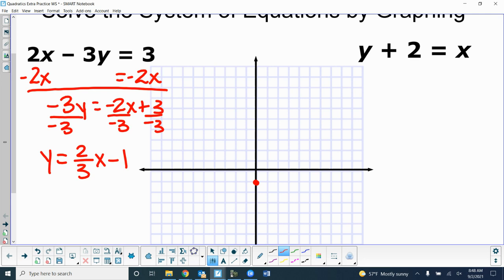So Mason, how far do I rise and how far do I run? You go up 2 and over 3. Right. So we're going to go up 1, 2, over 1, 2, 3. And you can do that a couple times if you want. And then if you want to go down 2 and left 3, 2 negatives make a what? Positive, like we already said, right?